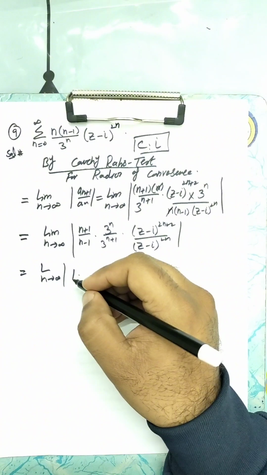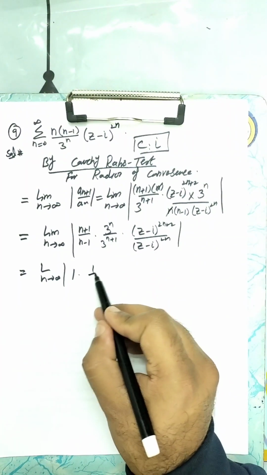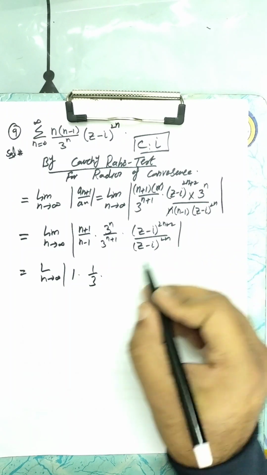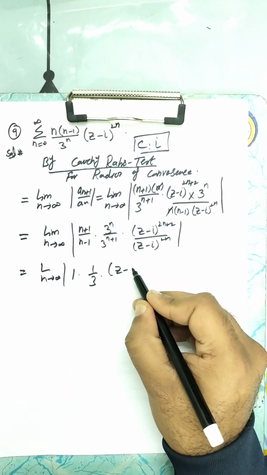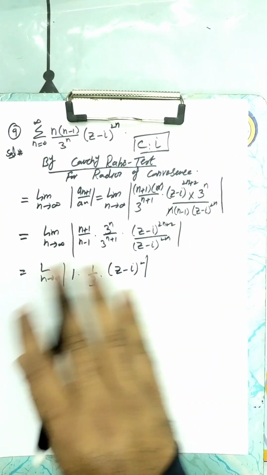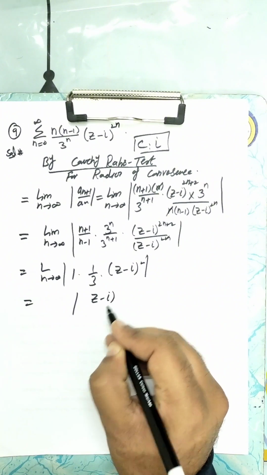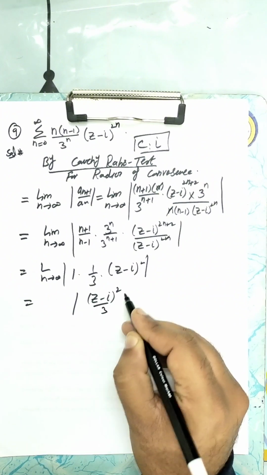So we write here 1, and this is 1 by 3, and this becomes z minus iota square, because the 2 and 2 cancel out each other, and the limit of this is z minus iota square over 3.